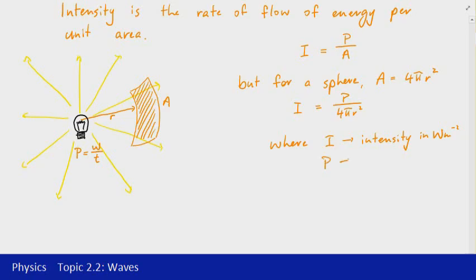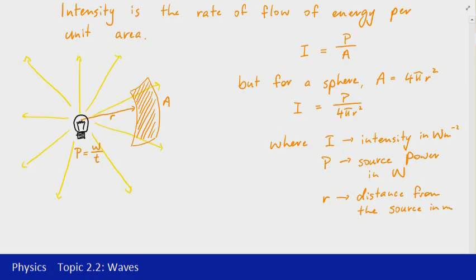P is the source power, so this, the power of the light source in this case, and source power will be measured in watts, and r is the distance from the light source, and that will be in meters. So there's an equation for us to calculate intensity.